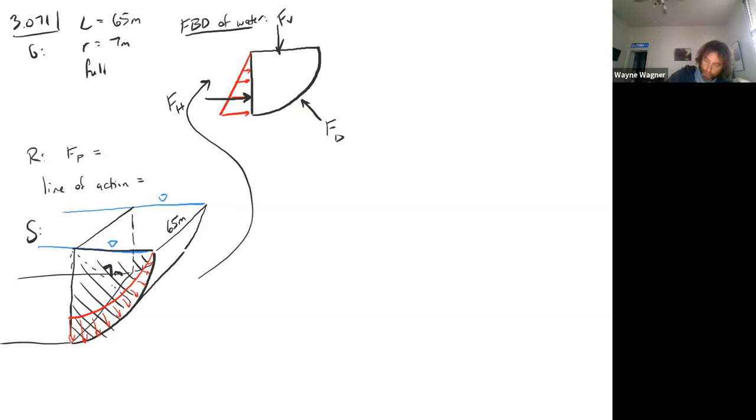So really this F vertical is the density of the fluid on the top times the depth in that fluid, times the depth of that top surface. Okay, so that's the pressure at the centroid on the top times the area. And so that's how you would solve for this.